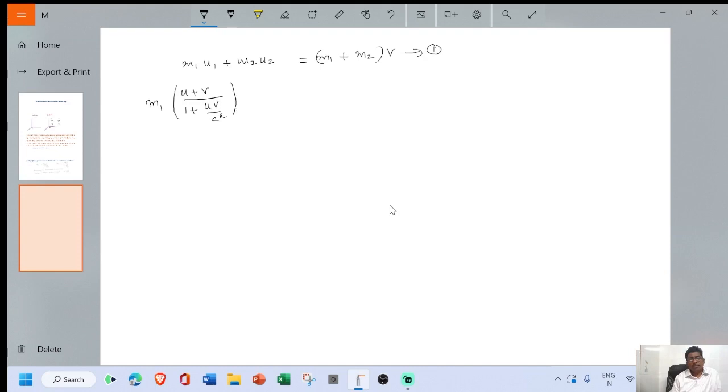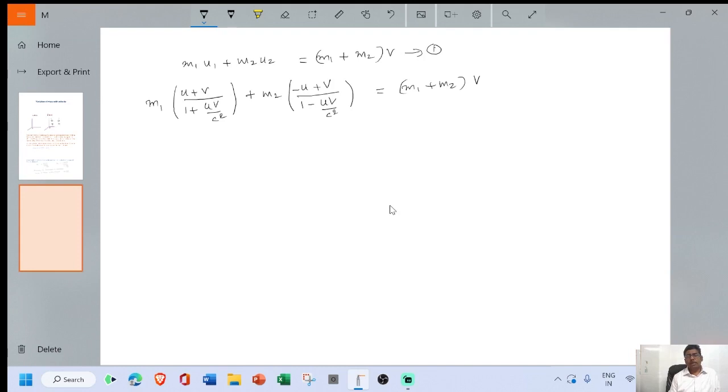This is the value of u1. Then u2 is minus u plus v divided by 1 minus uv by c square, which is equal to m1 plus m2 into v.